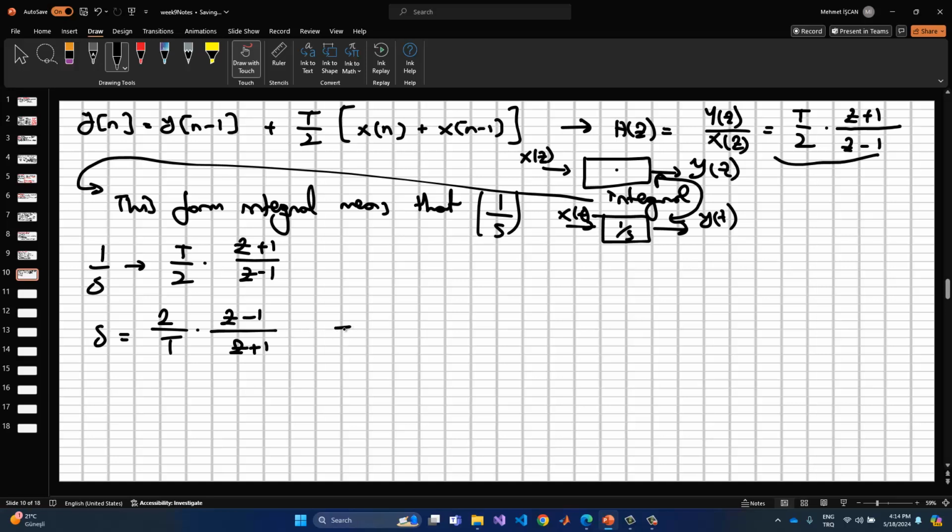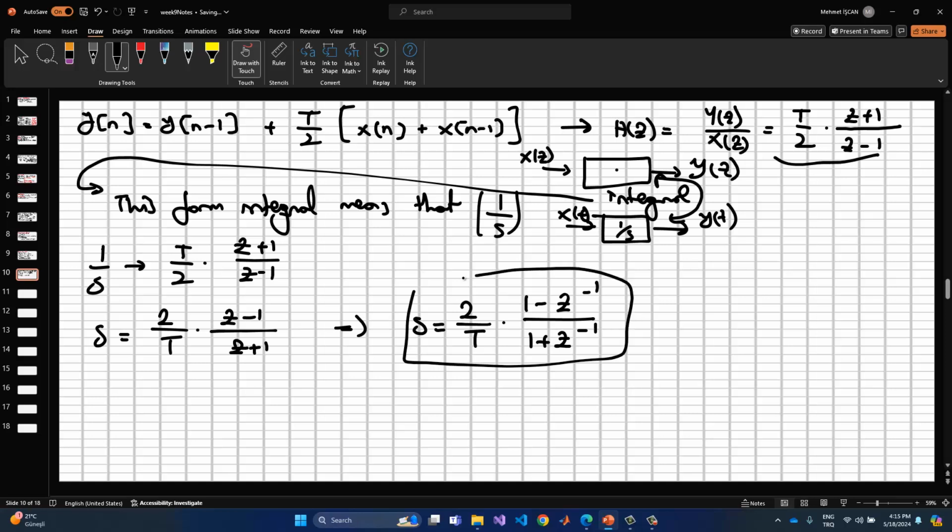In summary, in this domain s must be equal to 2 divided by T times (1 minus z^-1) over (1 plus z^-1). And so this is called the bilinear transformation.